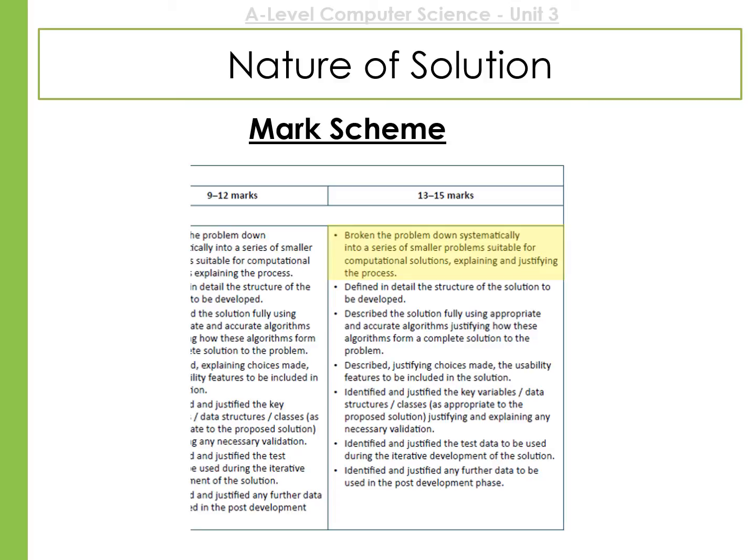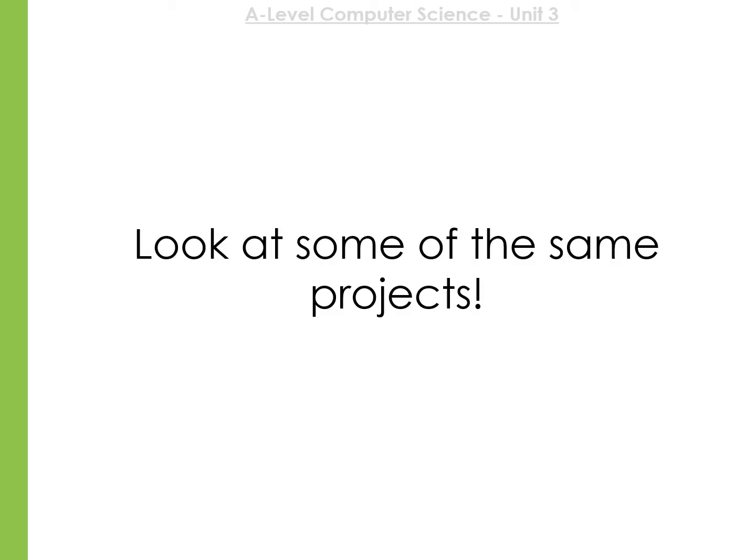So you're decomposing and justifying that solution, thinking about computational solutions in each section. It also goes on to the second bullet point, defining in detail the structure of the solution to be developed. Have a look at some of the example projects to see how they've tackled this solution.